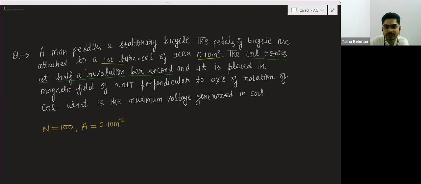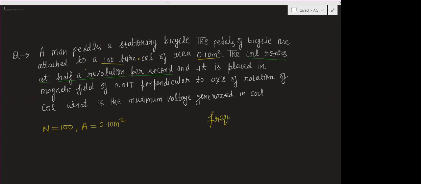The coil rotates half a revolution per second. Remember one point: there is a term frequency.